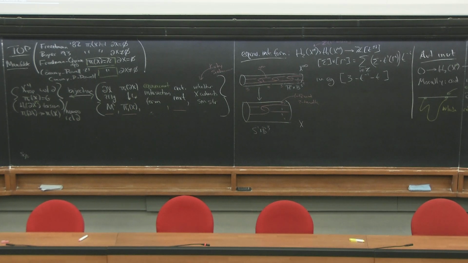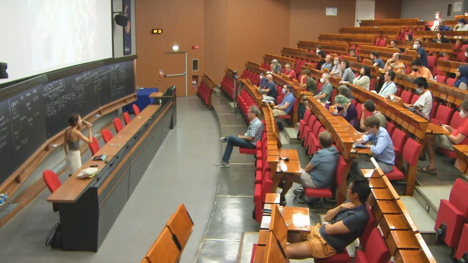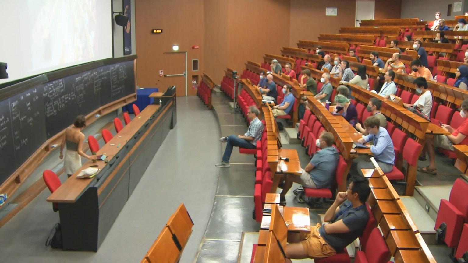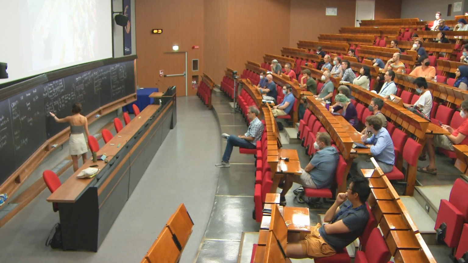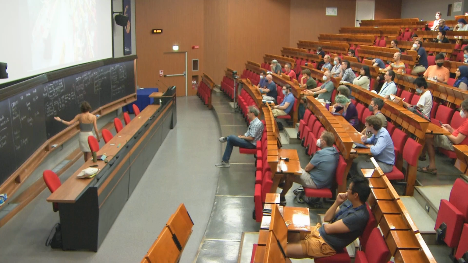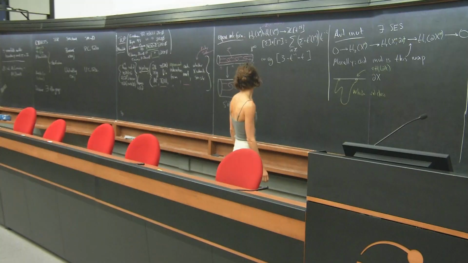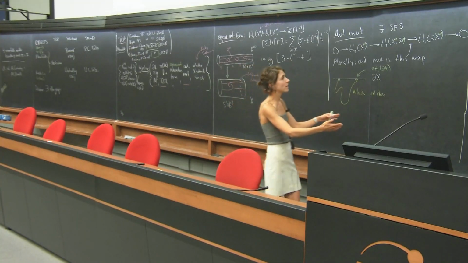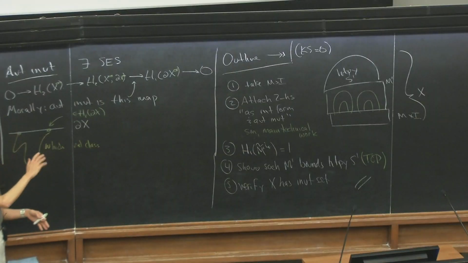More questions? Yeah. Oh, sorry. Where does the restriction that H1 of the boundary is torsion come in? I mean, in fact, in a few places, but maybe one that you can see is that this sequence wouldn't necessarily be short without it.